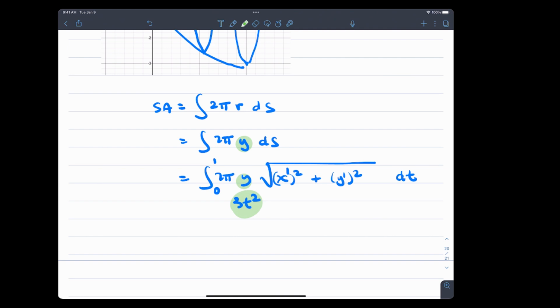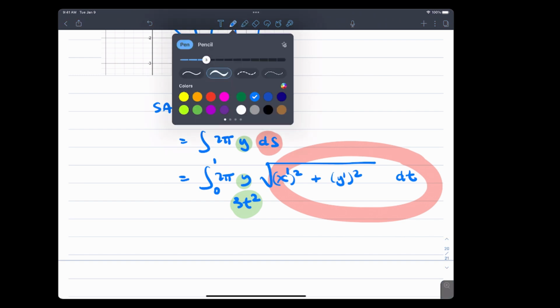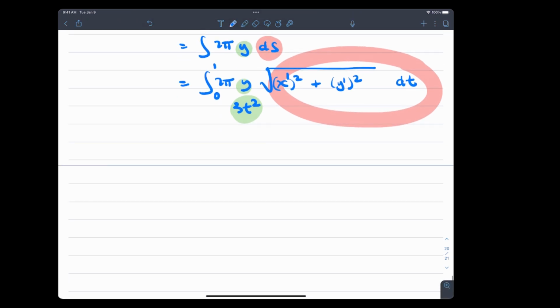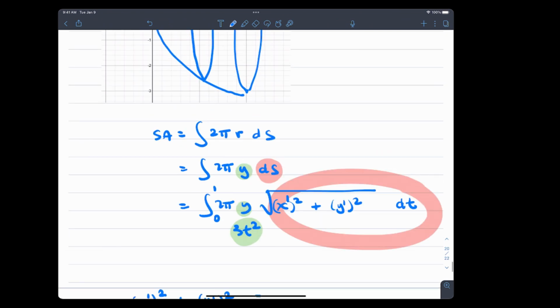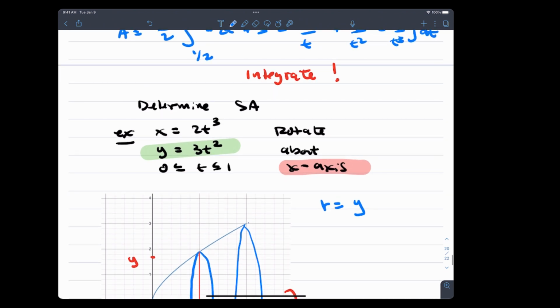But you really have to find this ds. So, in other words, we're going to have to differentiate the x value, differentiate the y value, square them, add them, and take the square root. So, what is x prime squared? x prime is going to be what?